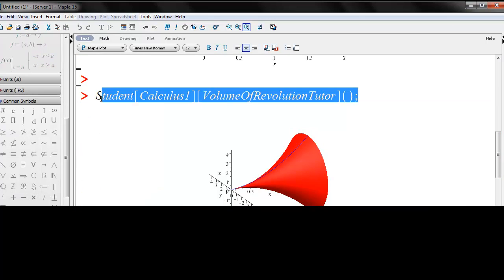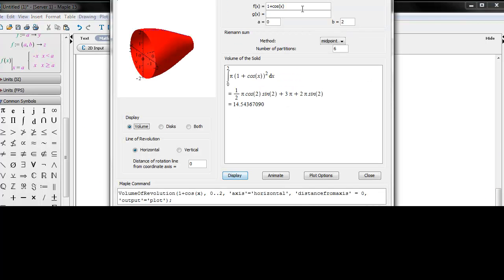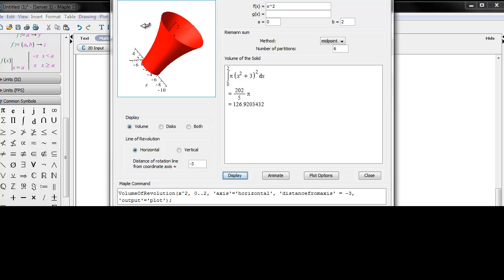I just want to copy and paste this code. You can also access the volume tutor by going up to the menu at the top of the screen. So we're going to use our curve x squared, and we're still going from 0 to 2. We have a horizontal line of revolution, although this time we're going down 3 units. And there's the curve. This is exactly what we drew on the other page there.